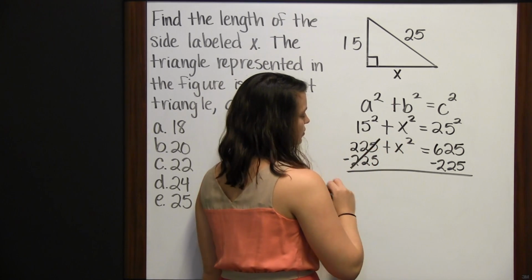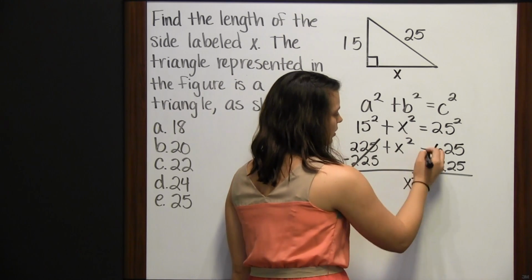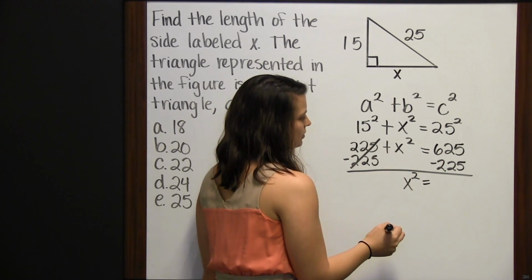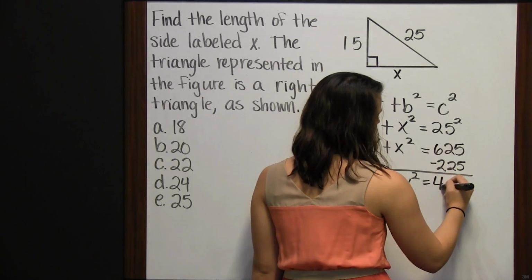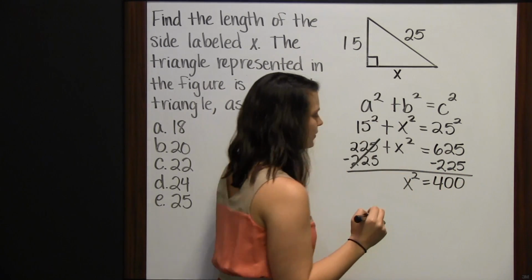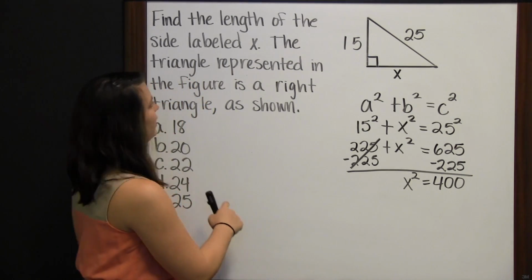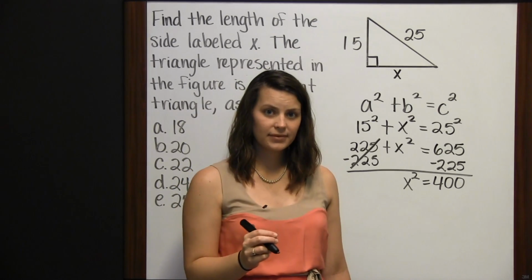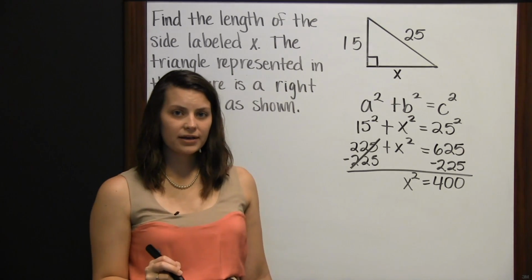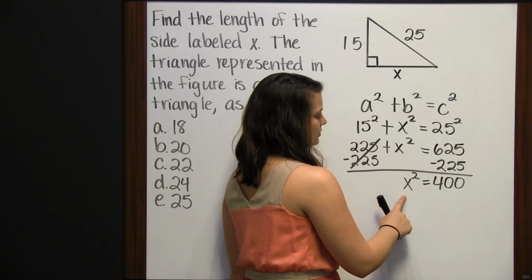225 minus 225 is 0. Bring down the x squared term, bring down the equal sign, and 625 minus 225 is 400. And we're almost done. Again, we're trying to find x, not x squared. So in order to solve for x, we need to do the opposite of squaring x.